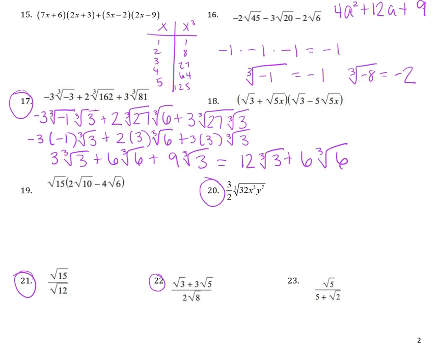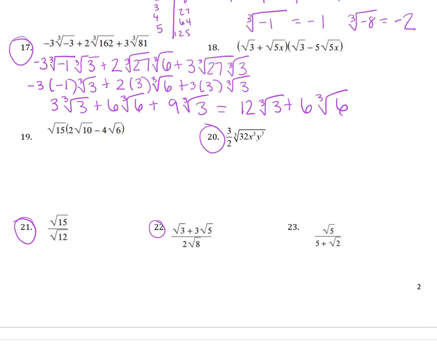Okay, we've got another cube example at 20. So I've got the 3 halves in front. That's fine. That's just going to multiply. So I have the 3 halves still hanging out here. I need a factor of 32 that is a perfect cube. So 8 and 4 gives me 32. 8 is a perfect cube, so I'm putting it in my first radical.